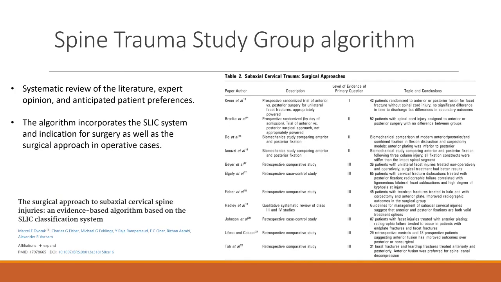Before we move on too much farther, I wanted to highlight the value of this Spine Trauma Study Group algorithm, which has provided a systematic review of the literature and workflow for the surgical approach based off of the SLIC categorization, and is a helpful tool for the provider in determining the appropriate approach and type of surgery for a given fracture morphology as well as injury status.